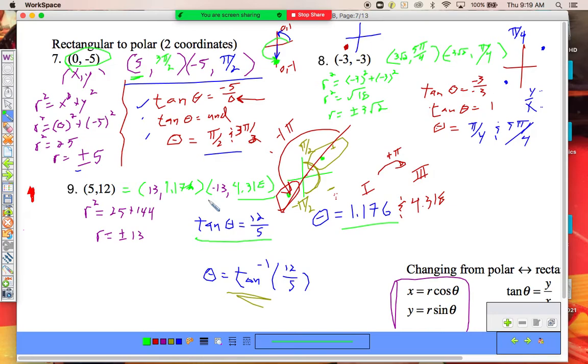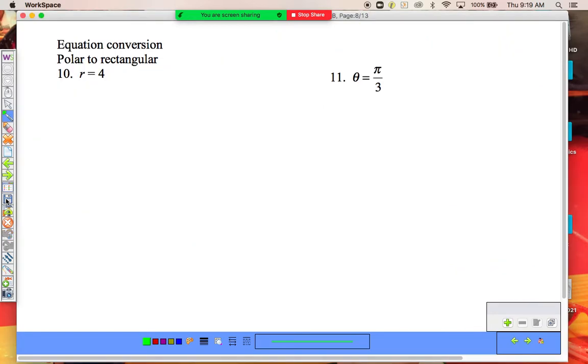All right, this is our conversion for our ordered pairs, for our coordinates. What we're going to do now is convert equations. I'm going to give you a polar equation in terms of r's and thetas, and we're going to do anything and everything we can to change these into x's and y's.